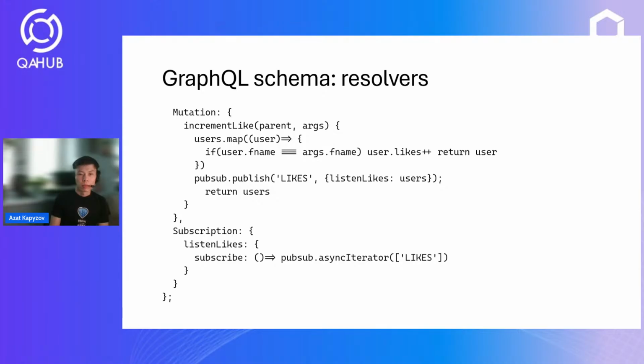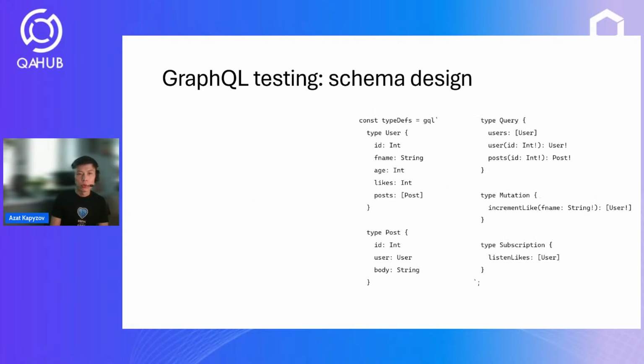Okay, so let's move on to testing. As with any type of testing, in GraphQL we will start with testing our documentation. And the documentation in GraphQL is a schema.